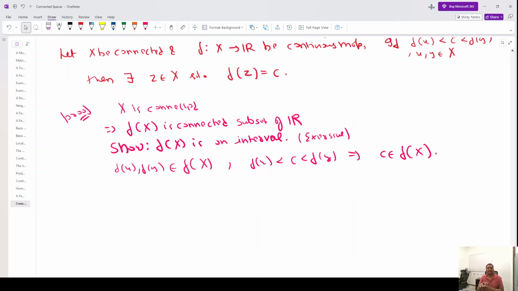So then you can have various corollaries of the intermediate value theorem that I am not doing. And so what is my plan?